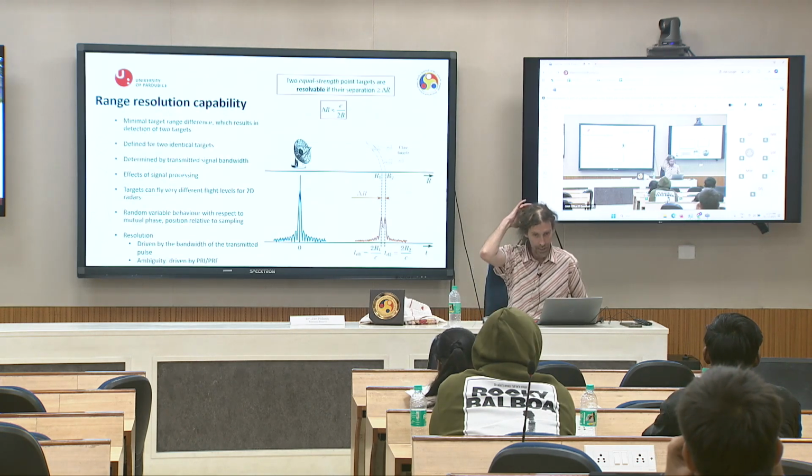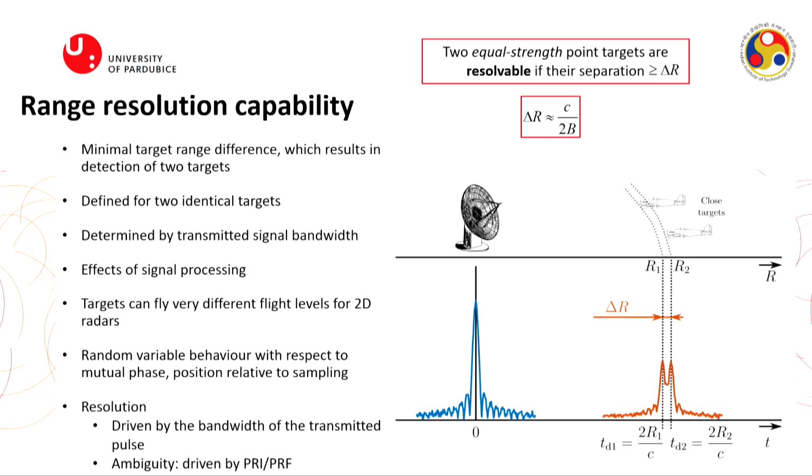Okay, there is the situation about resolution, or from accuracy to range resolution. You can see that we are transmitting this, and we have two targets in similar positions, at similar range.